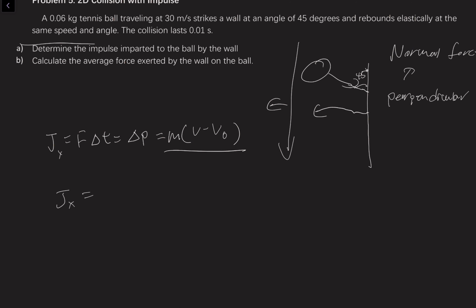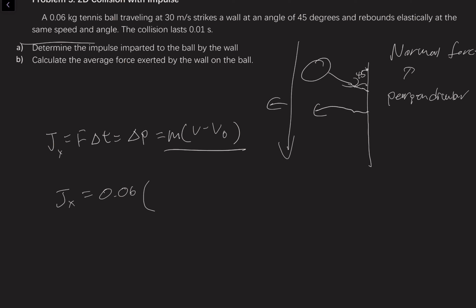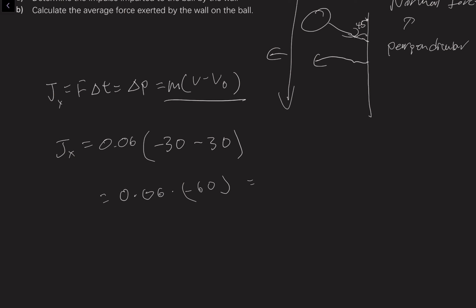Jx equals mass, which is 0.06, times the final velocity, which is negative 30, since that's the same speed in the opposite direction, minus the initial velocity, 30. 0.06 times minus 60 gives us negative 3.6 newton seconds.